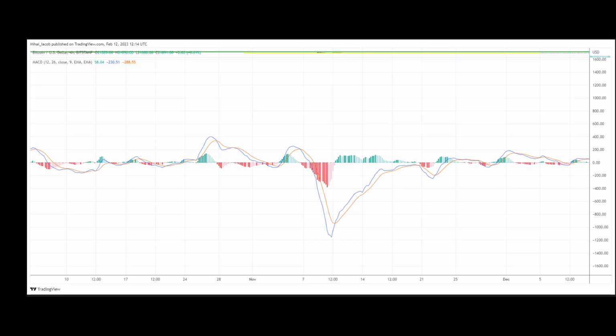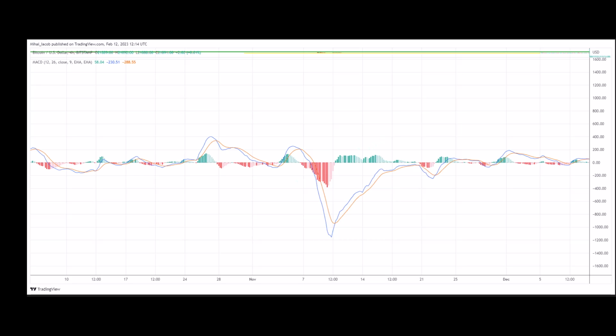The MACD line is calculated by subtracting the 26 period exponential moving average from the 12 period exponential moving average. The signal line is a 9 period exponential moving average of the MACD line, so of the MACD line, not of the price. And the histogram represents the difference between the MACD line and the signal line.